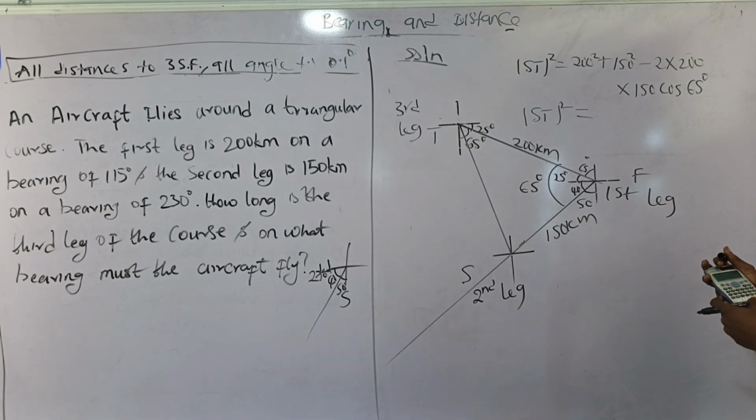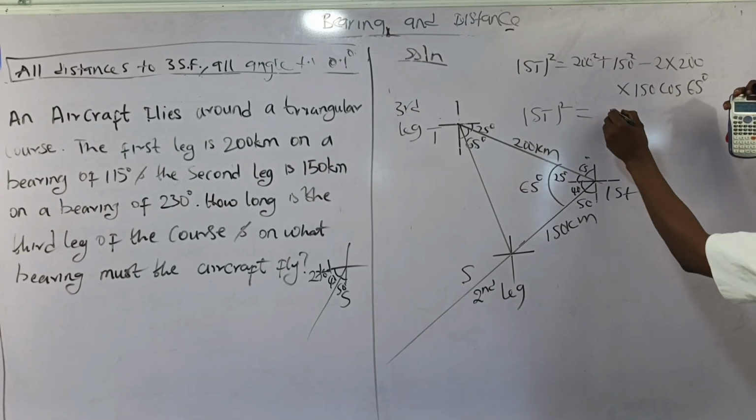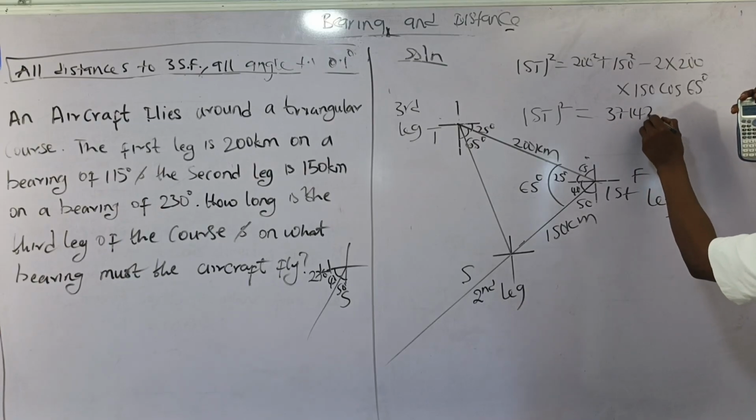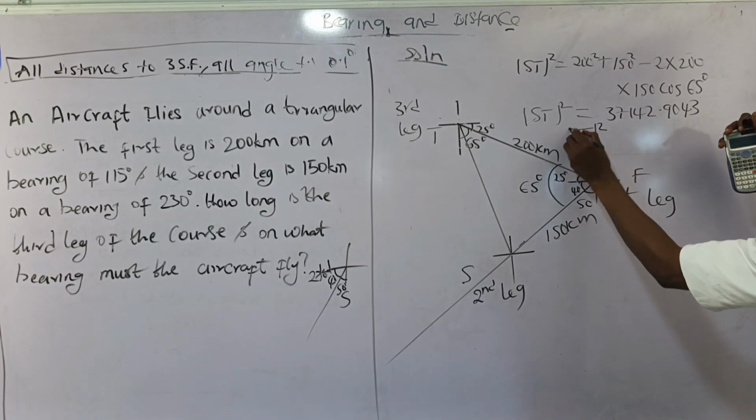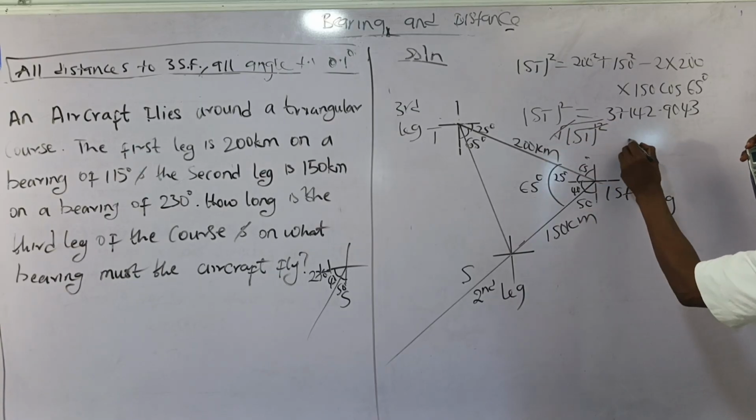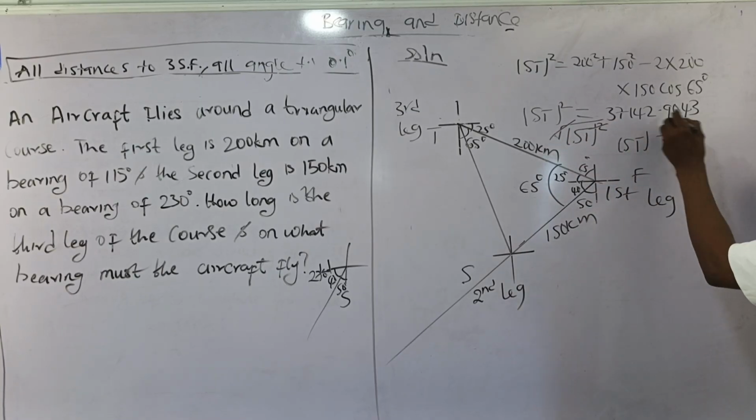And my st squared will be equal to, I'll resolve this once please. 200 squared plus 150 squared minus 2 times 200 times 150 cos 65 degrees, which gives me 37142.9043. And st squared, I'll take my square root to remove it, and st will be equal to the square root of this.